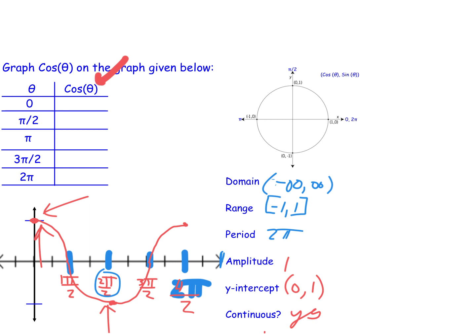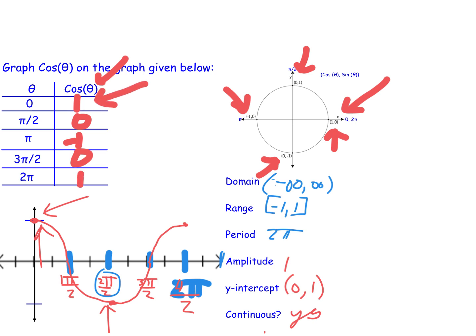Cosine, is that the y? I hope that bothers you to hear cosine and y, because it should, because cosine is x. So then you go over here, it's the x values, and so it's 1, 0, -1, 0, and back here to 1.